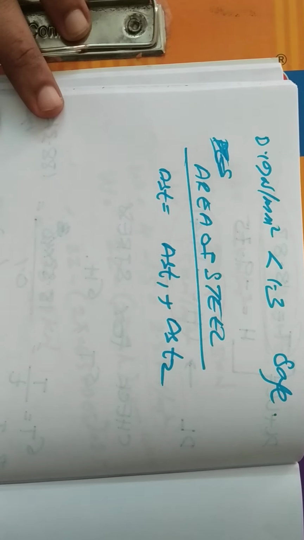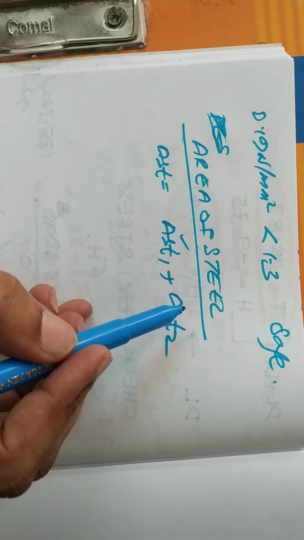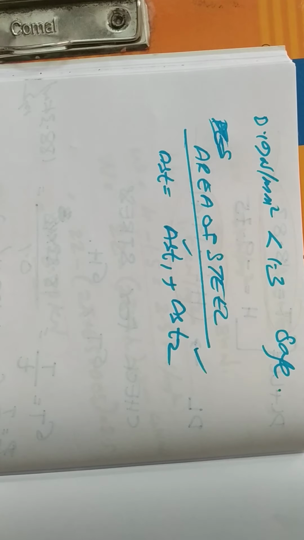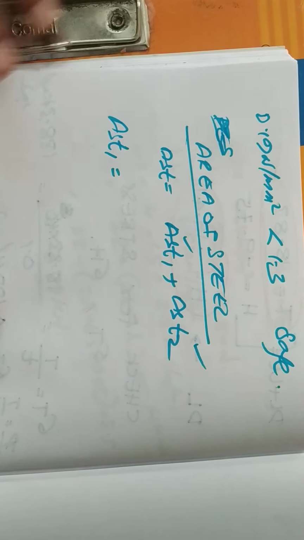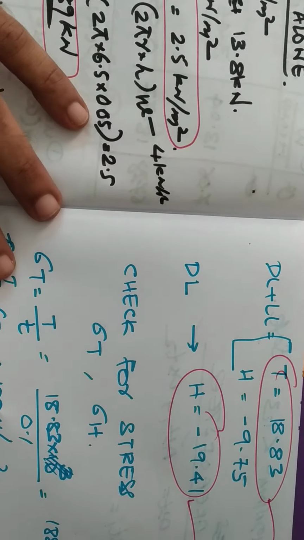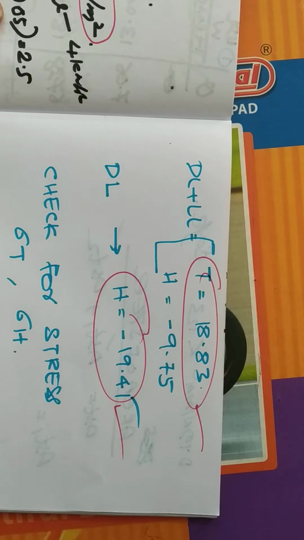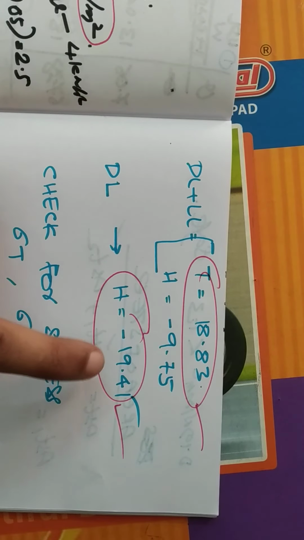We have discussed this many times. AST1 is because of T or H, and AST2 is to take care of your temperature and shrinkage stresses. Okay, so AST1 is equal to the maximum of H and T, because we have 18.83 and minus 19.41 here. So this is the maximum, which we should use. Okay, so 19.41.